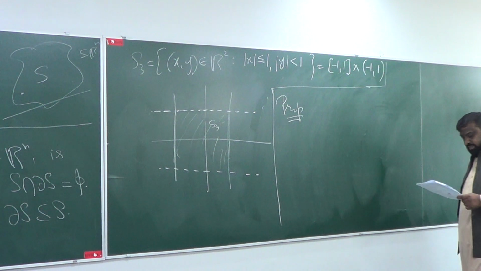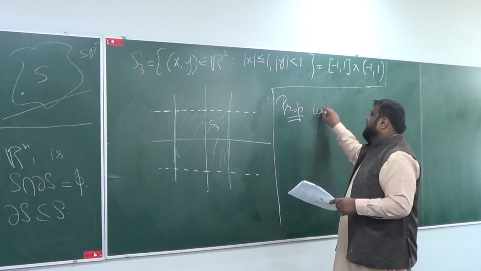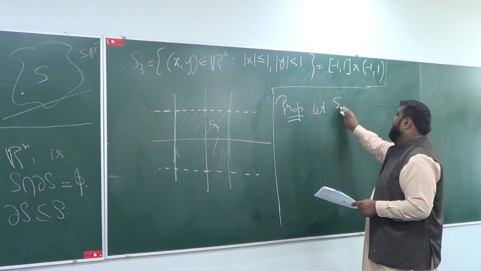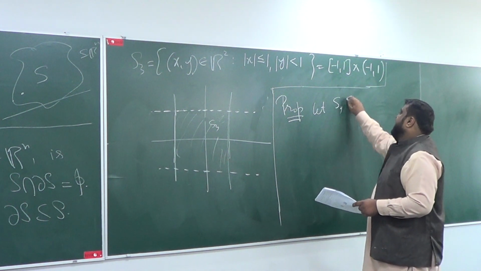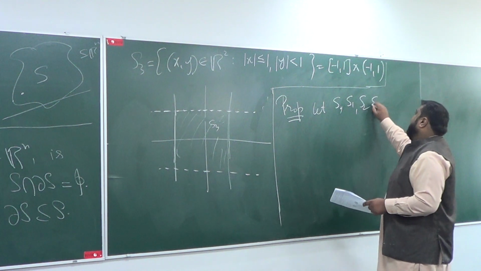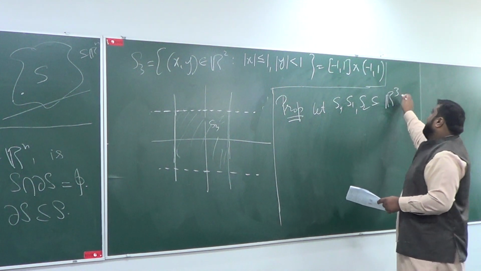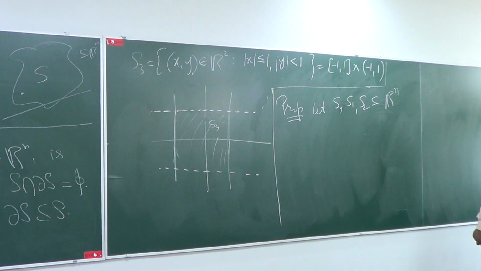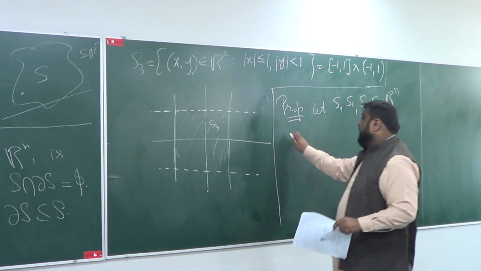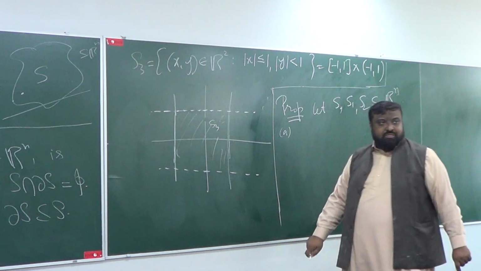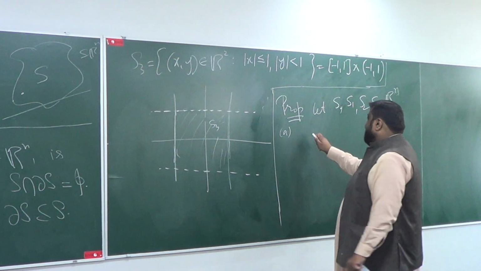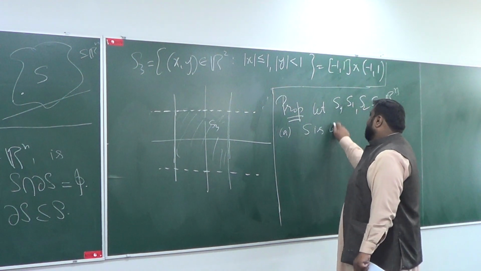So here's a proposition that I'm interested in. Imagine I have 3 parts of Rn: S, S1 and S2 are 3 subsets of Rn. I would like to show what the brother proposed, that S is open.